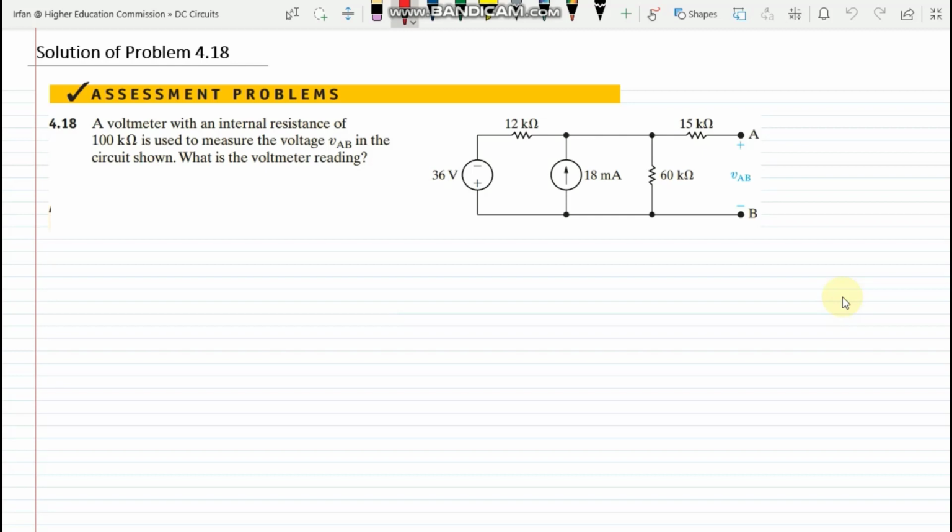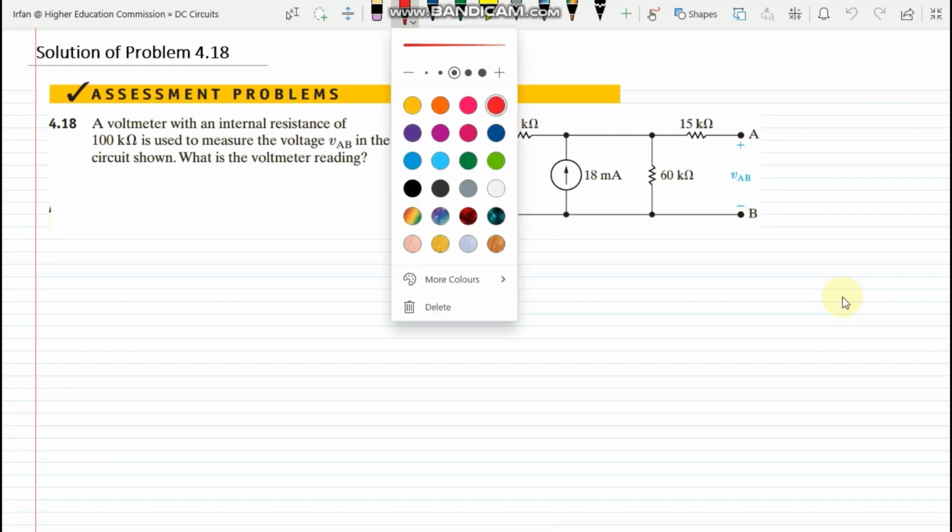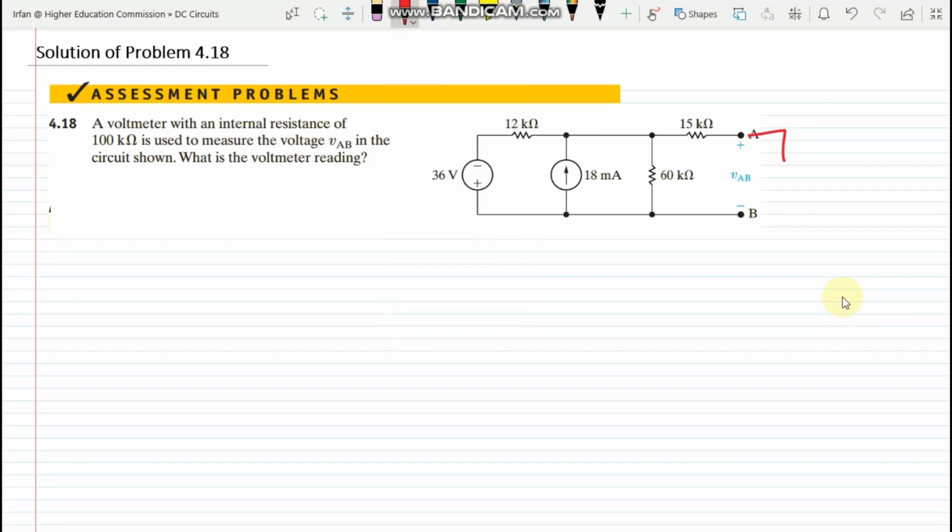Generally in this question, we can easily connect our resistor here, and this is of 100 kilo ohm. We can easily find the value of this voltage using any method, such as the mesh current method, the node voltage method, or the source transformation method.